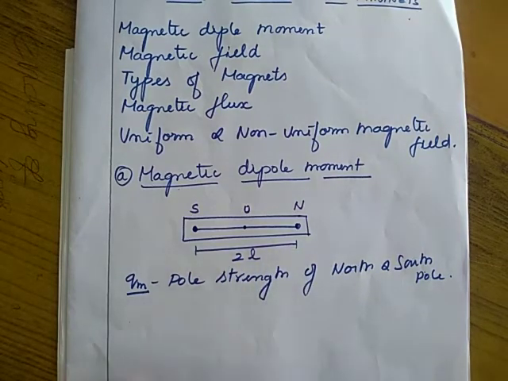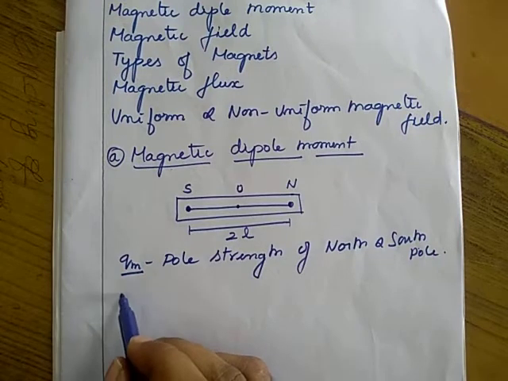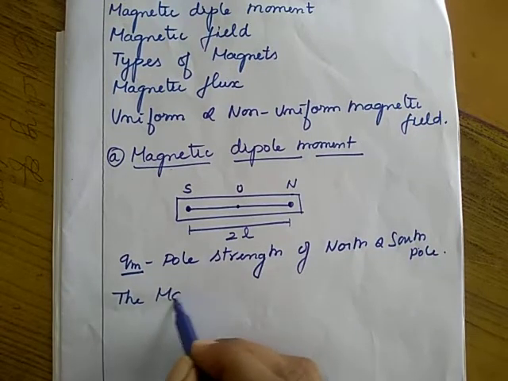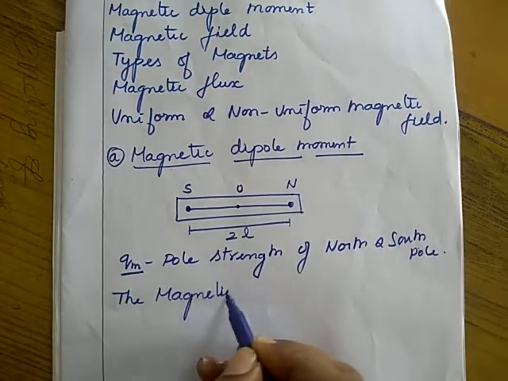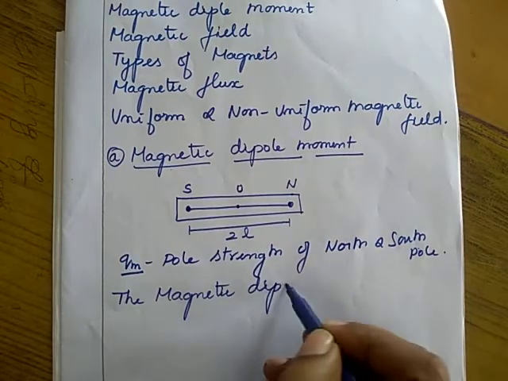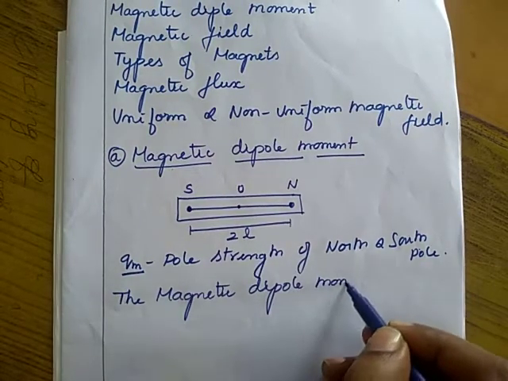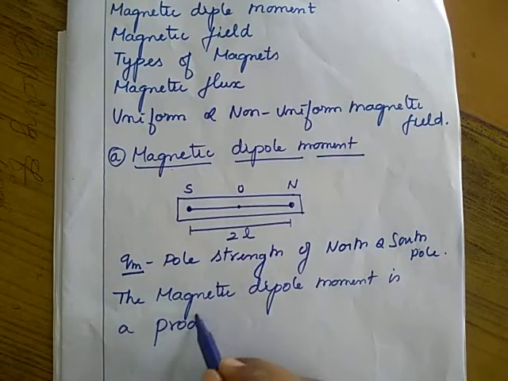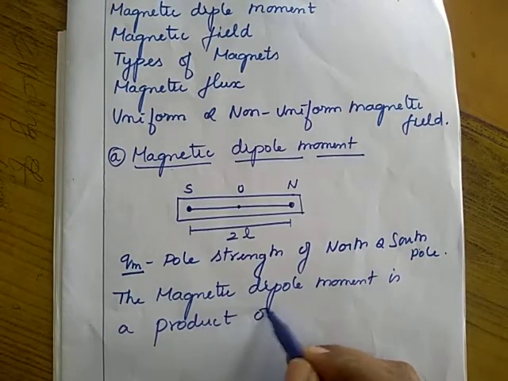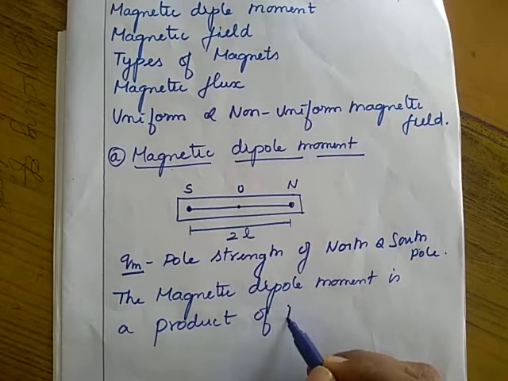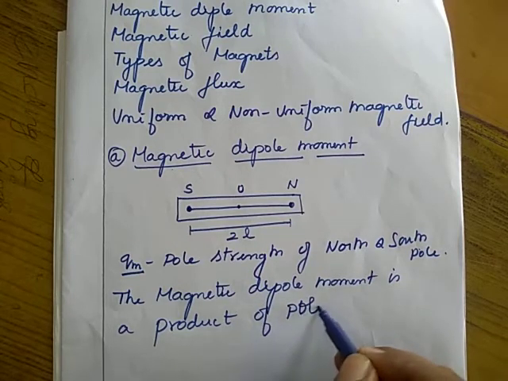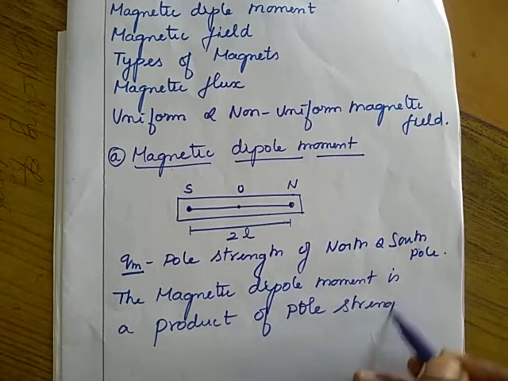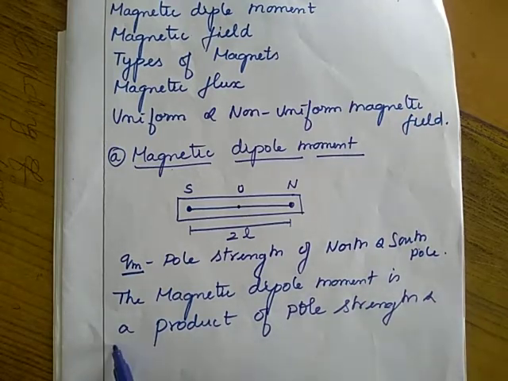Listen, it is easily defined as: the magnetic dipole moment is the product, that means multiplication, of pole strength and magnetic length.